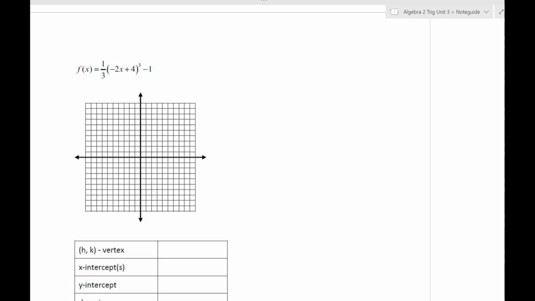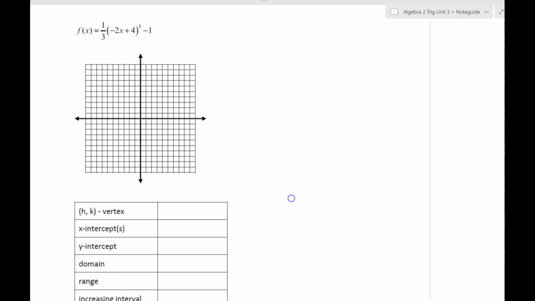So we're going to look at one more function. And remember, because this function, you see this b value, we really have to rewrite this differently and separate the b value from the x minus h quantity to see the true value of h.